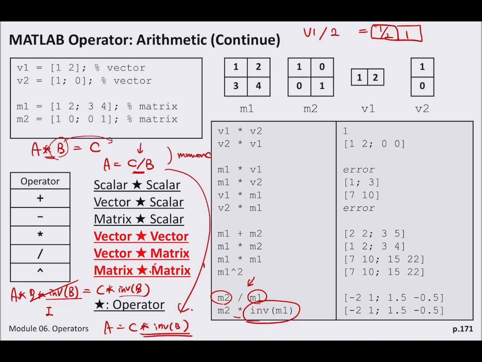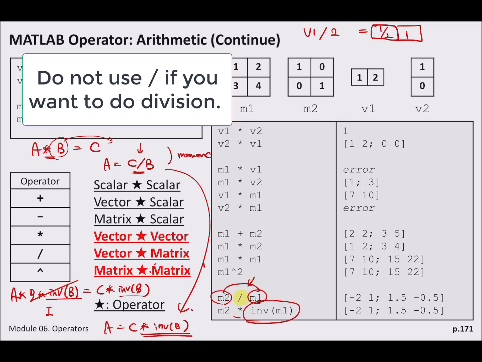Okay. There's no matrix operation in this course, so you don't have to worry about revisiting this linear algebra in this course. But please keep in mind that you should not use this division between matrices. Okay, that is not the numeric division. If you want to do the numeric division, please use the dot division.